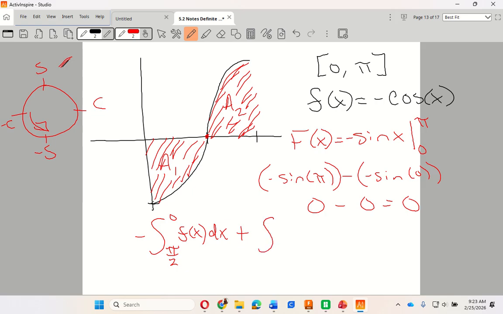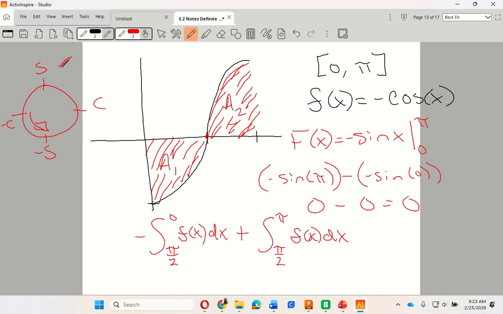It'd be from pi over 2 to pi. So sometimes when I do this, I have to be able to show mathematically that this is going to be one area, this is going to be another area, and so I could show with an equation using the fundamental theorem.